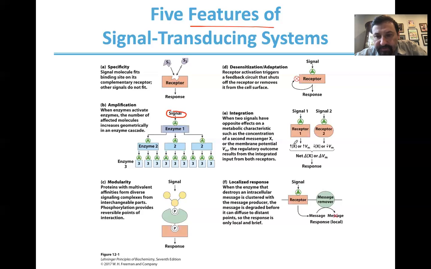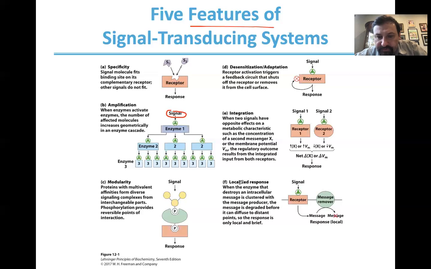There's so much of X coming from this, so much of X coming from that, so the net X will be such and such. Let's compare the voltage potential. There's potential coming from this direction, potential coming from that direction. Let's add them up, derive the overall potential change, and that will result in a response. Once a certain critical value of X or potential change is reached, a response will be generated.